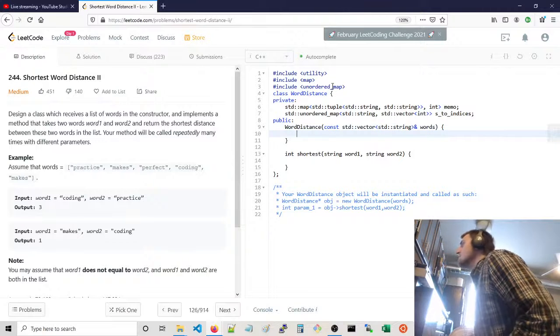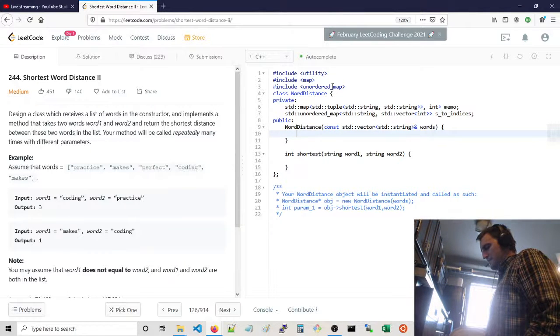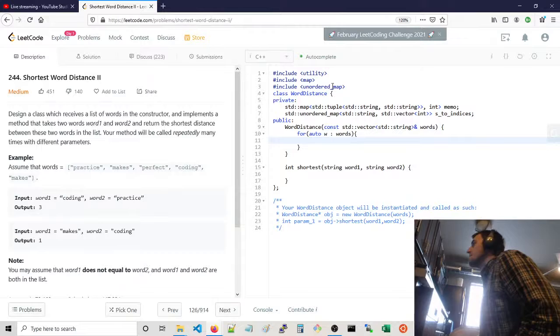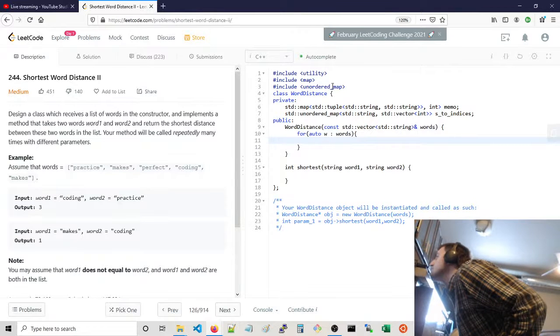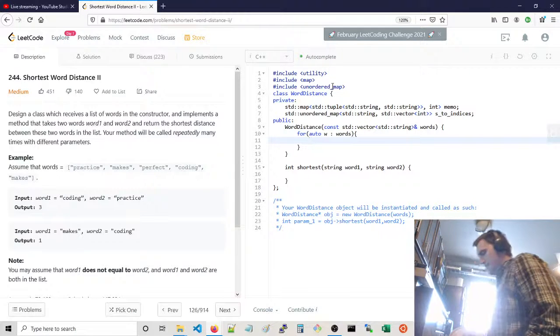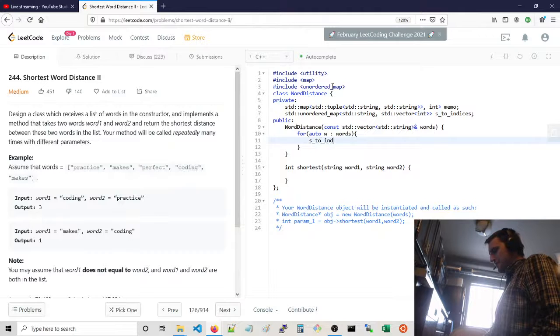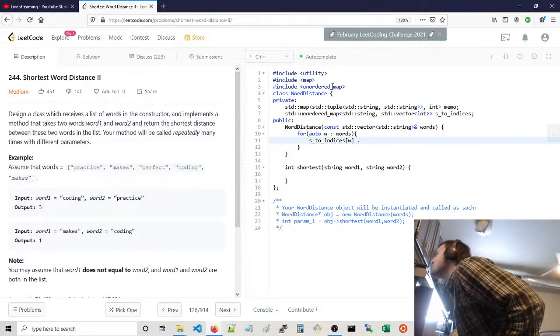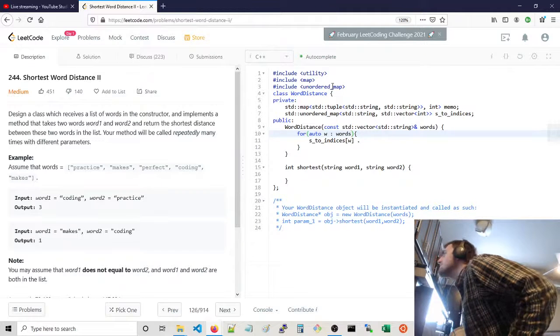So we say for auto W in words, you're going to say S indices of W. It's the other way around.